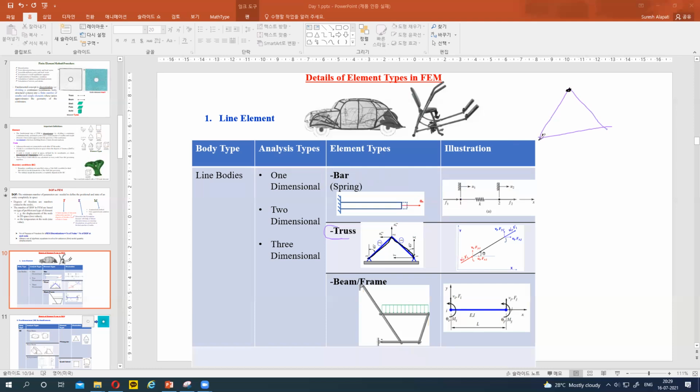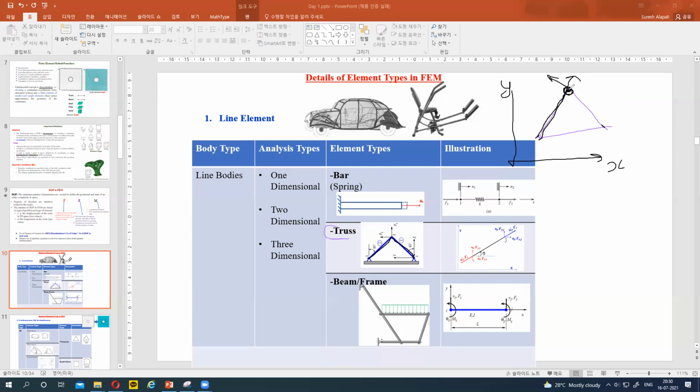So we cannot simply work in this direction, or in this direction, because there is a connection point between these two, so we have to work in the global coordinate system. A truss element is nothing but the bar element converted into 2 dimensions.